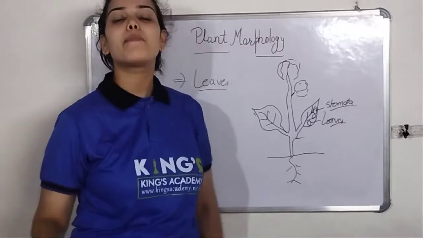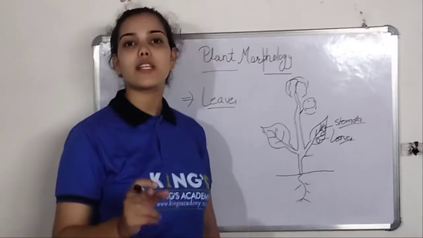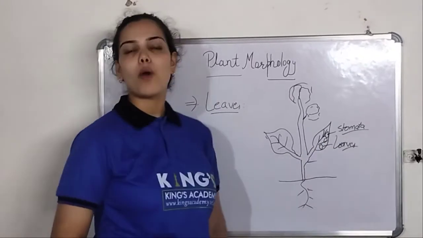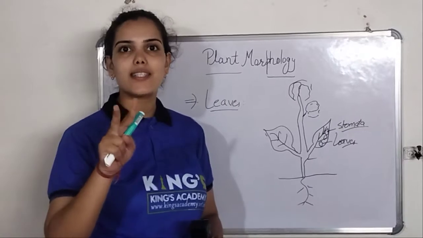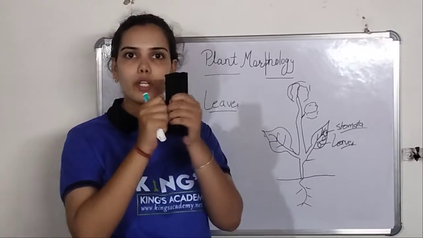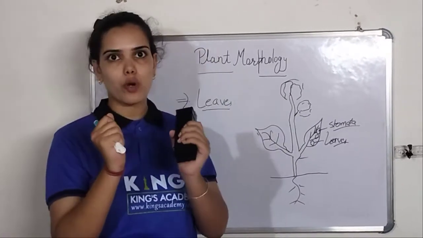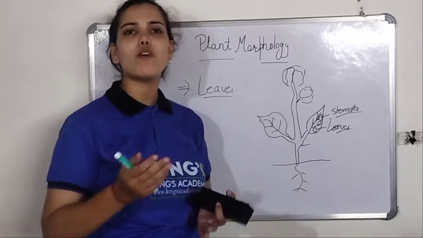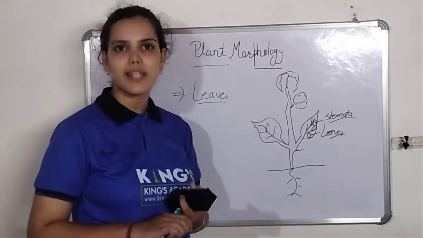These stomata are present in the leaves, which helps in the photosynthesis process, and in these stomata there is the presence of two guard cells which help in the opening and closing of the stomata. In most of the plants, stomata open at daytime, and in some of the plants stomata also open at night time.